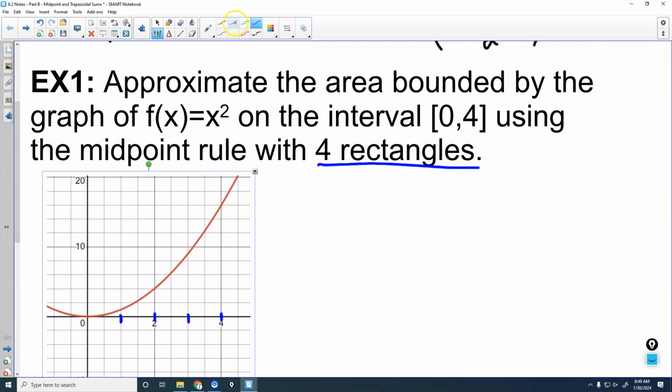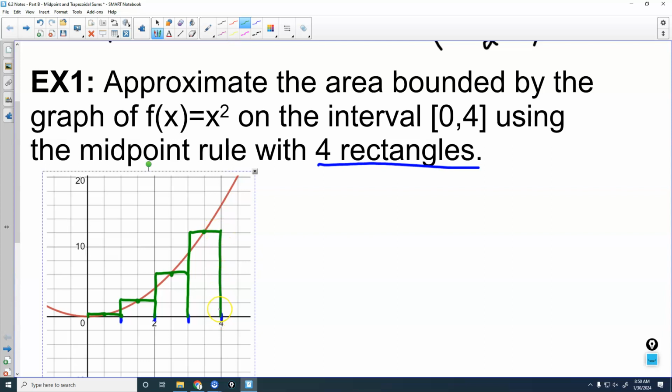So what that's going to look like here is, like right here is this point. This first one's going to be really hard to see. I would have this little teeny tiny rectangle right here. This one will be easier to see right here. I'll have this rectangle. This one right here, and then this one right here.